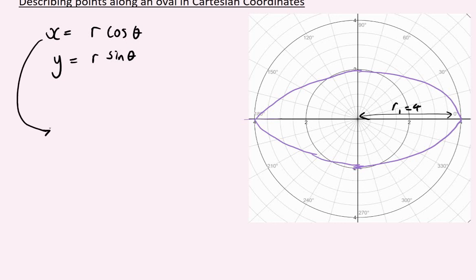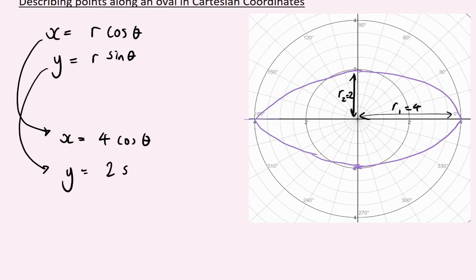So that means my x equation is going to be x equals 4 cos theta. I can then do the exact same thing for my small radius. For my small radius, call that r2. That has a radius of 2. So here, y will equal 2 sine theta.